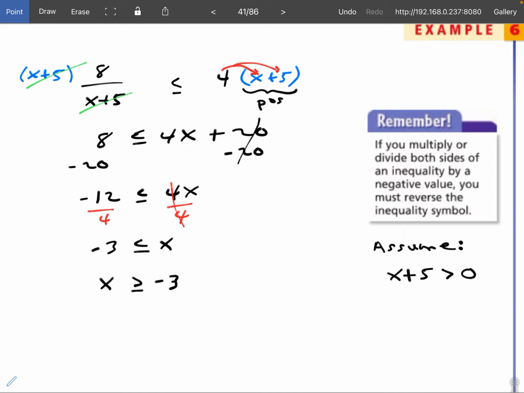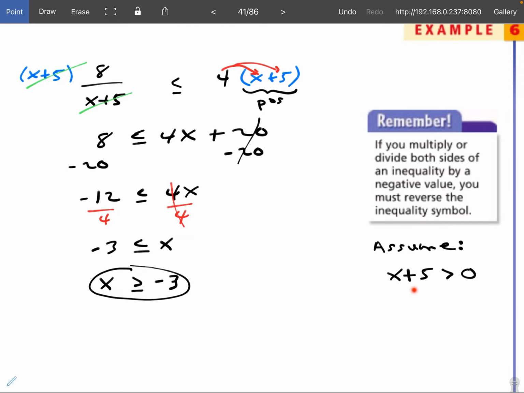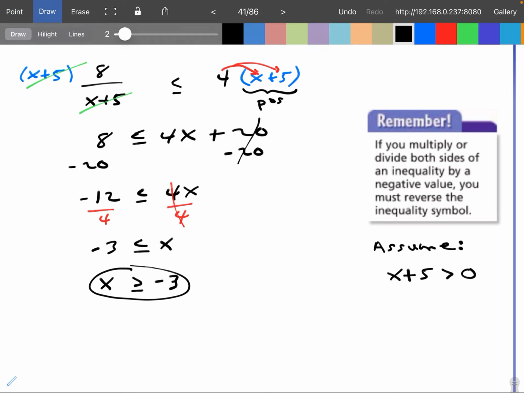All right, so far I know that if I solve this thing, and I assume that the quantity x plus 5 was positive, I get this solution: x is greater than or equal to negative 3. But at the same time, you've got to solve this thing right here where you made that assumption that x plus 5 was greater than 0. So very quickly, I also want to solve that.